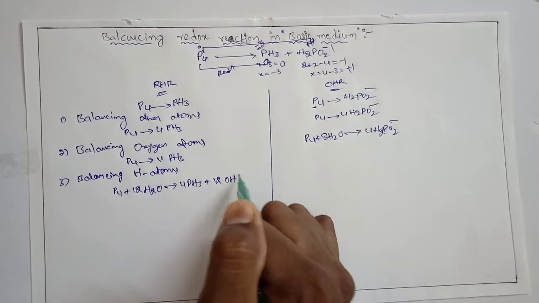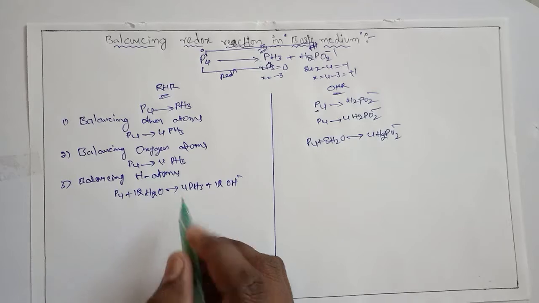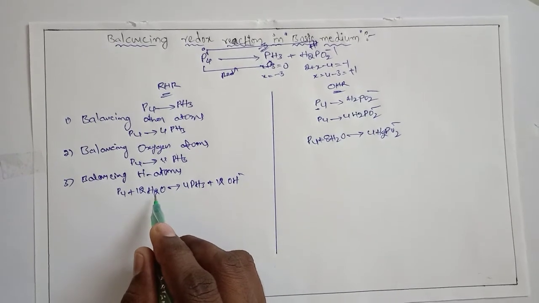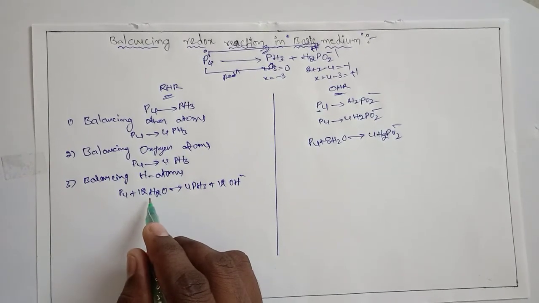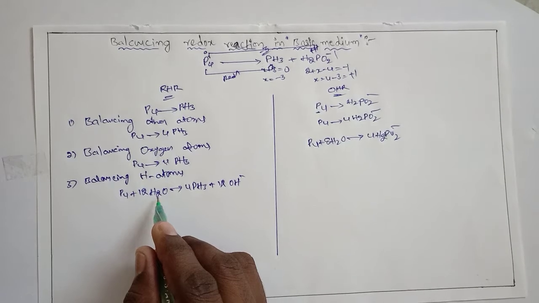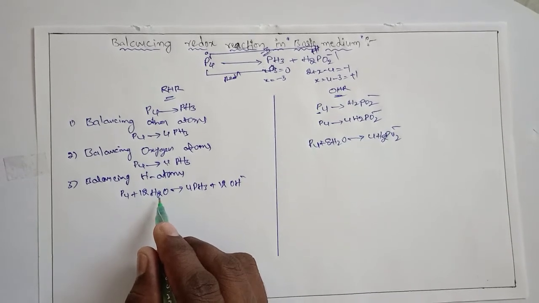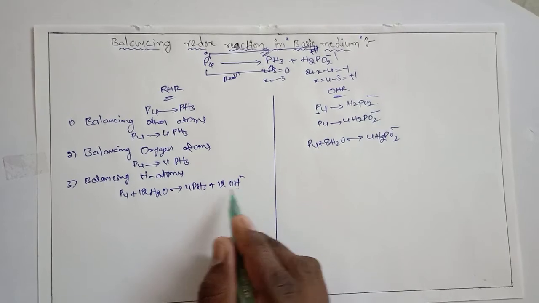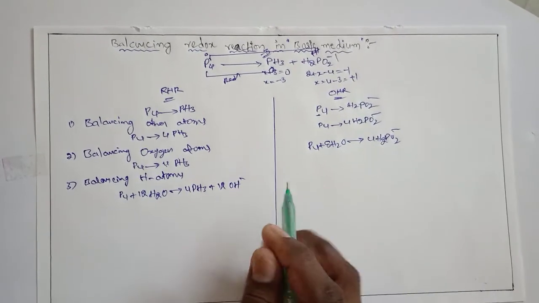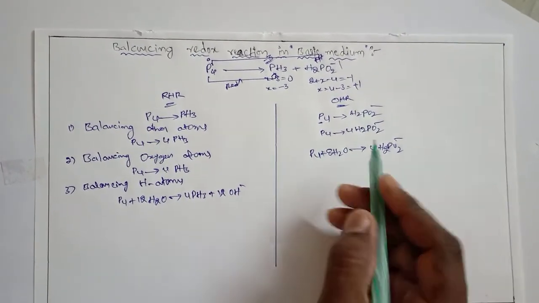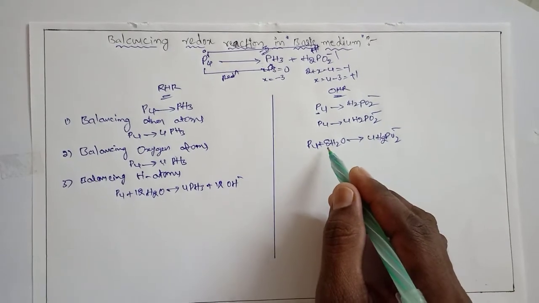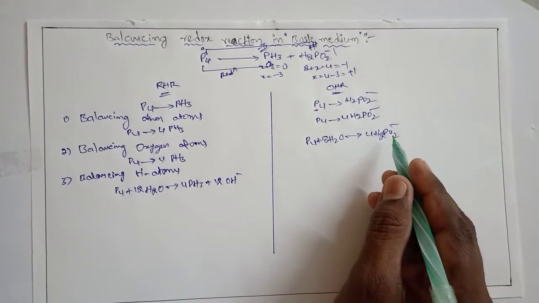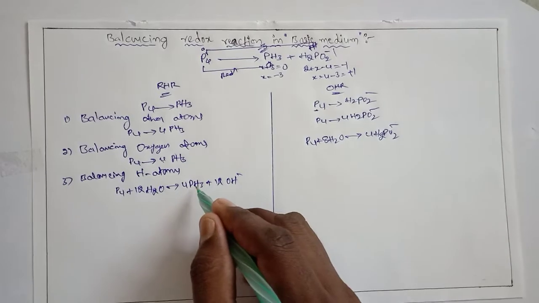12 OH⁻ ions. To the deficiency side of hydrogens, we add the required number of water molecules, and the same number of OH⁻ ions to the opposite side. Here also we balance the hydrogen atoms in the same way.